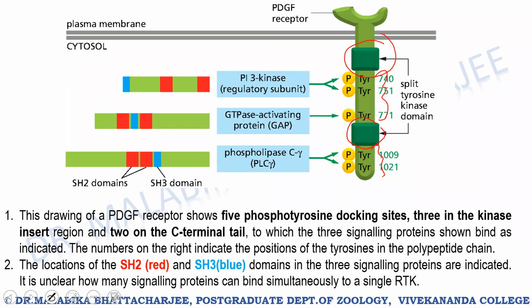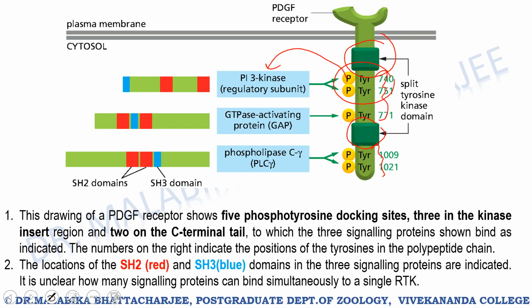If it is a phosphorylation of the 740th and the 731st tyrosine residue of the polypeptide, the message is the activation of the PI3 kinase. We just talked about the PI3 kinase. The PI3 kinase is the phosphoinositide kinase, which phosphorylates mainly lipids rather than proteins.